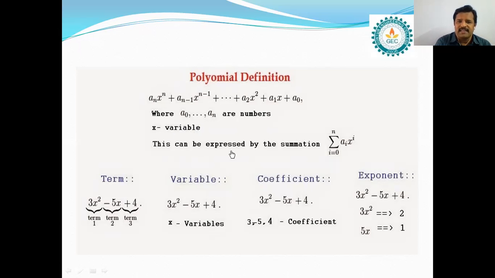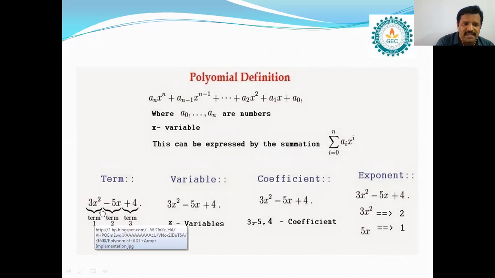Right? This expression can be represented as summation i equal to 0 to n of ai x power i, where i equal to 0 gives a0 x power 0, i equal to 1 gives a1 x power 1, i equal to 2 gives a2 x power 2, and so on.